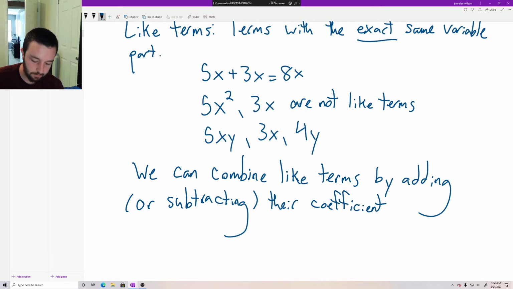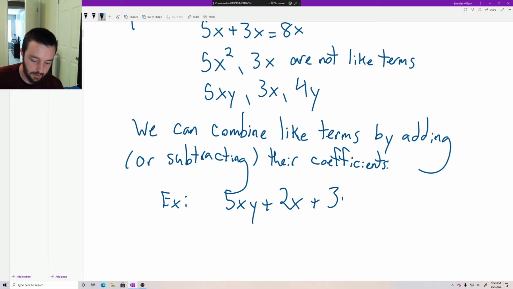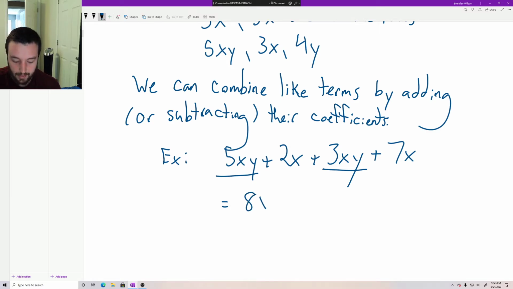Okay. So if I have something like 5xy plus 2x plus 3xy plus 7x, okay, 5xy and 3xy are like terms. So we can put those together by adding the coefficients together, the 5 and the 3. So we get 8xy.